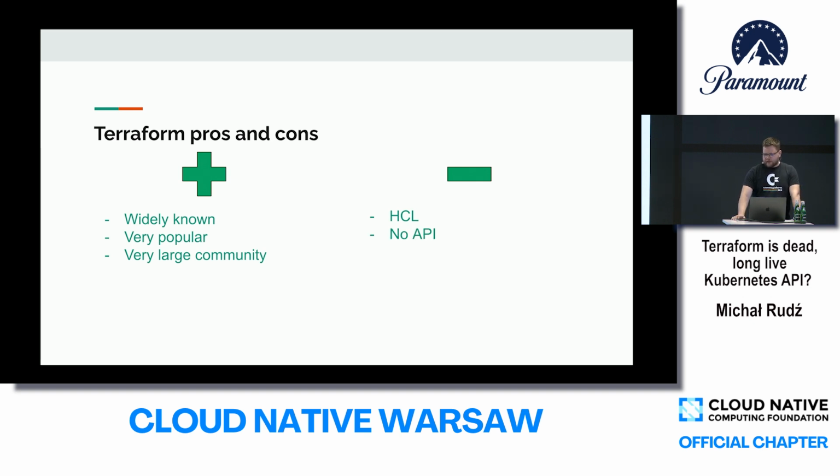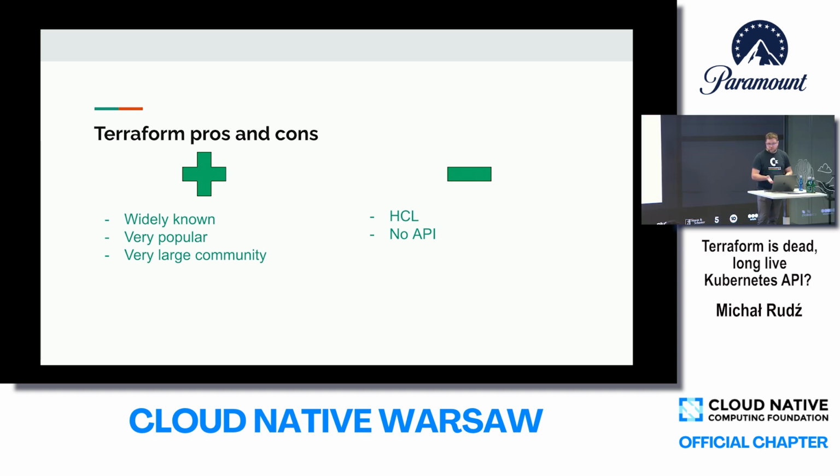The next case is no API. Terraform does not have an API which we can connect to and fetch some data or information. There is nothing like that. In some cases, Terraform can have long execution time.